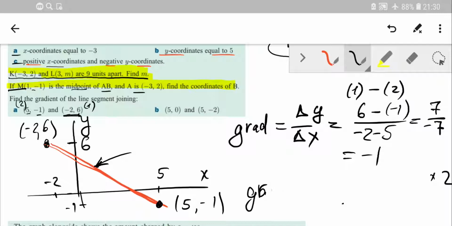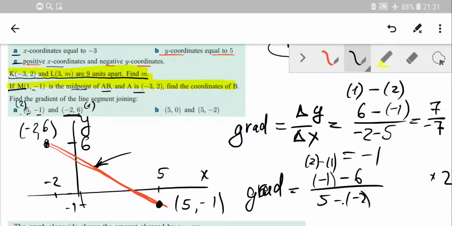Let's calculate the gradient if we use point 2 minus point 1. Now we flip them. We're subtracting point 2 from point 1, so we take 5 and subtract -2. In our case, it will be -7 on top and +7 on the bottom.